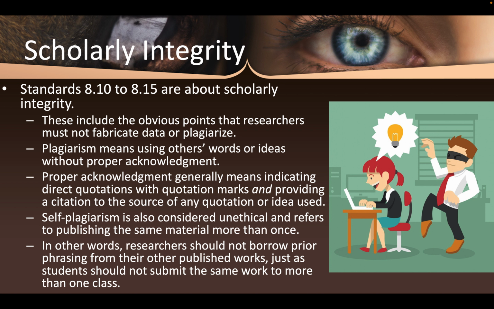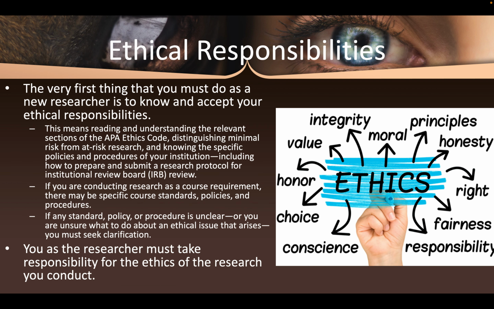In other words, researchers should not borrow prior phrasing from their other published works, just as students should not submit the same work to more than one class. The very first thing that you must do as a new researcher is to know and accept your ethical responsibilities.